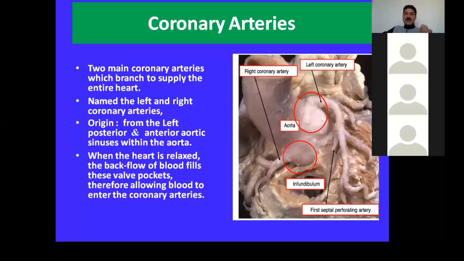But what happens during diastole? These aortic valves are closed. The backflow of the blood accumulates in these sinuses, and blood enters into these aortic sinuses. It accumulates there. From there, it enters into the coronaries. So right and left coronaries get filled during diastole, in contrast to other arteries of the body, which get filled during systole. Is it clear to you?